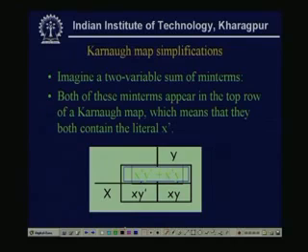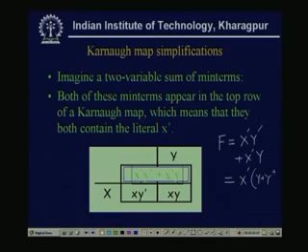That means, if I take a function f, this becomes x dash y dash plus x dash y. And see here, if we take x dash common, then y plus y dash becomes 1 and so this becomes x. So in this way I can minimize that function.